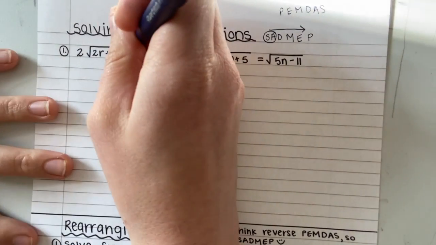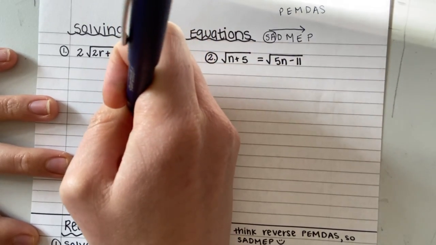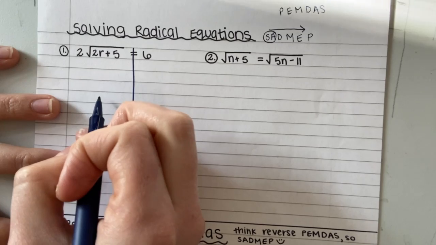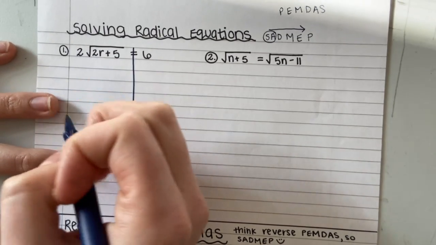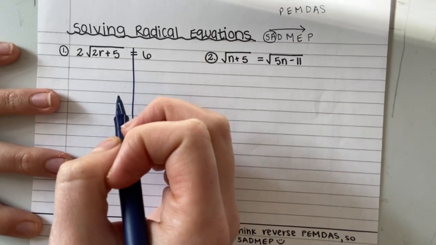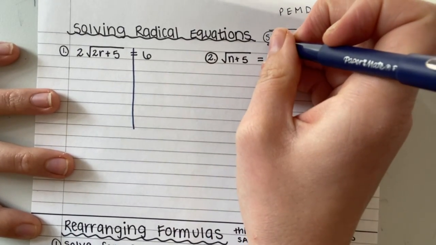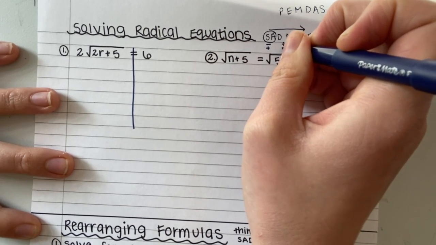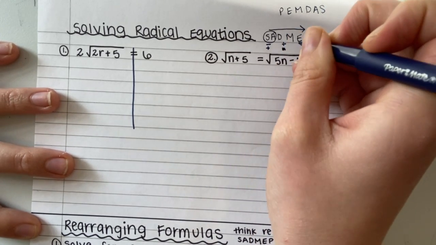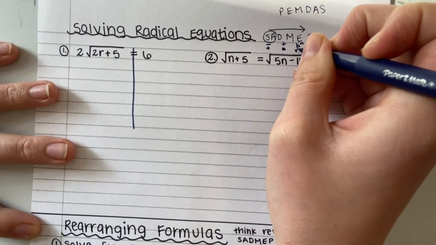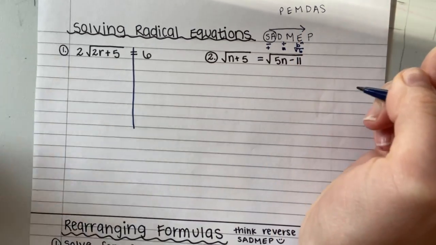So I'm going to draw my line. And when I'm looking at this solving radical equations, I know that the way to get rid of a radical is by using an exponent. So we know that subtraction and addition are opposites, division and multiplication are opposites, and exponents are opposites with their root.